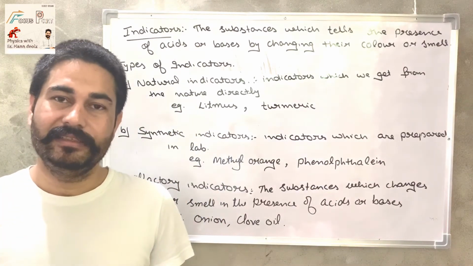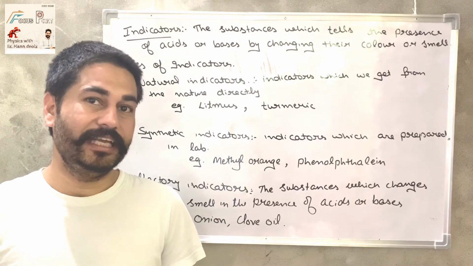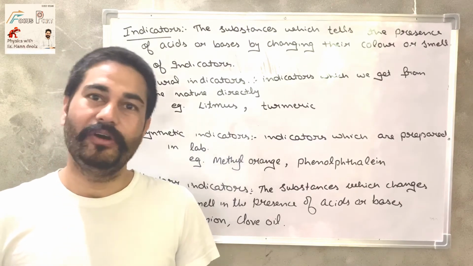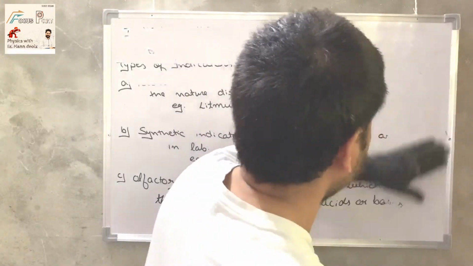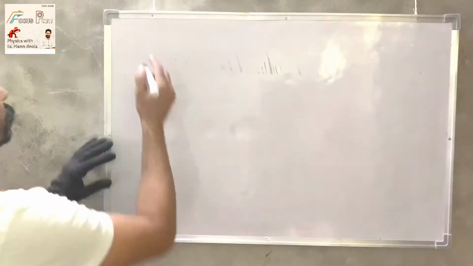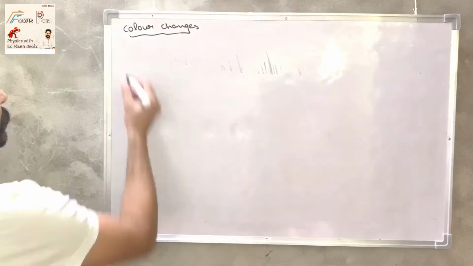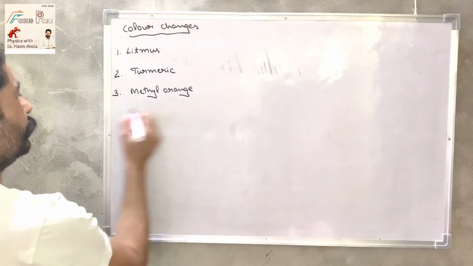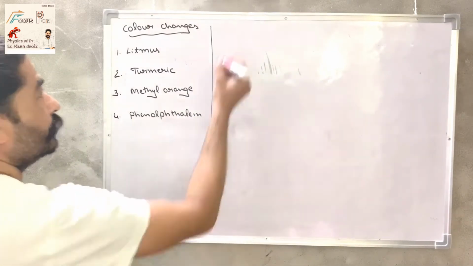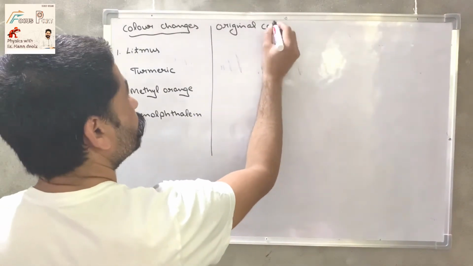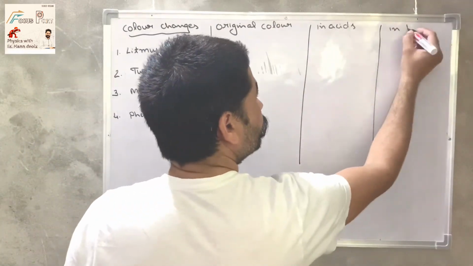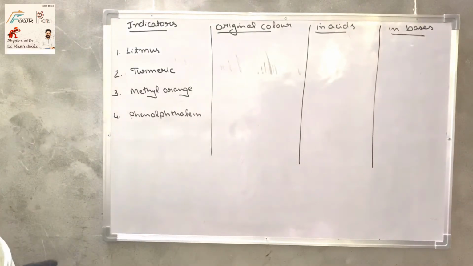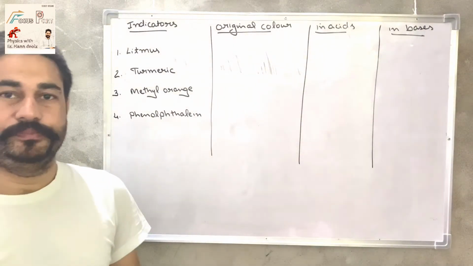Now let's see how the color change takes place in the indicators when there is a presence of any acid or base.